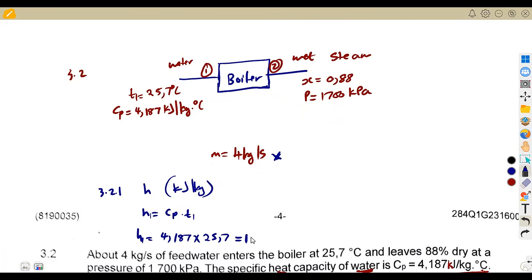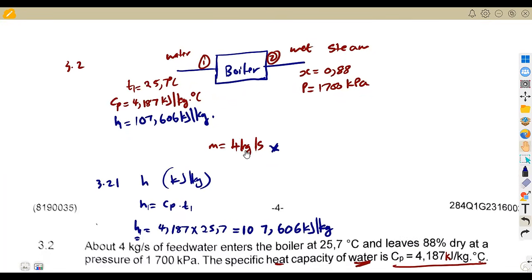So you're going to have 107.6059, which is going to be 107.606 in kilojoule per kg. So that means we have H1 here, which is 107.606 kilojoule per kg. We are given the specific heat capacity of water, so that's why we are supposed to consider that.